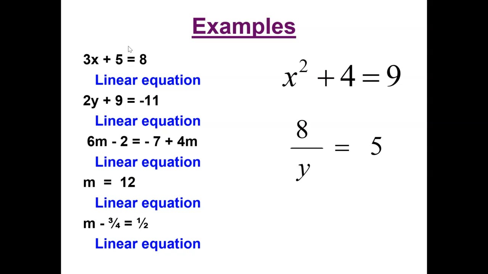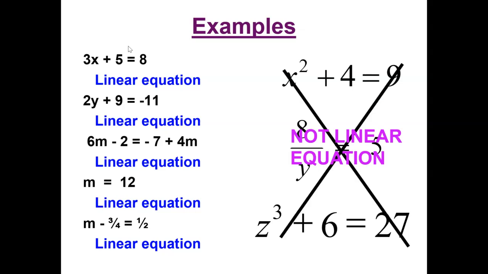You can have a number underneath the denominator, but not a letter. Another example, z cubed plus 6 equals 27: the power is higher than 1, and that is not allowed. So my right side has the non-linear equations, and my left side are all linear equations.